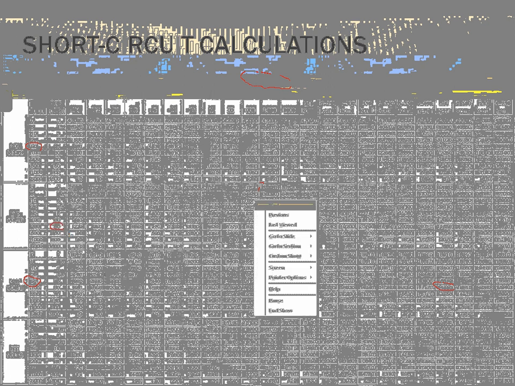This calculation has been done for one particular, commonly used transformer. These values are short circuit, already done and tabulated for us.